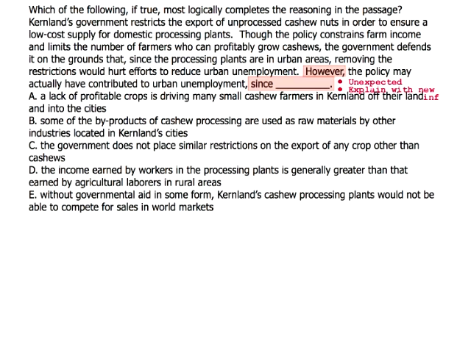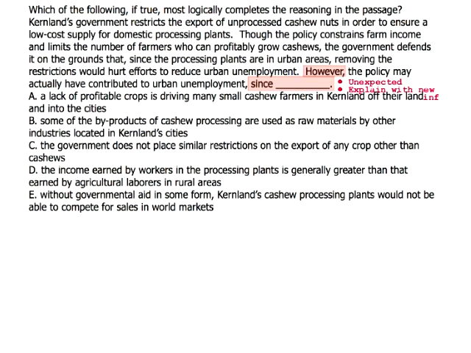So let's see what's going on here. Well, the government restricts the export. This was a lot of dense words, but basically in this country, let's make it the U.S. or whatever country you're in, it's hard to ship cashews out of the country in raw form. So farmers can't just send their crops abroad because of laws. So they're keeping the cost low for domestic plants in the country.